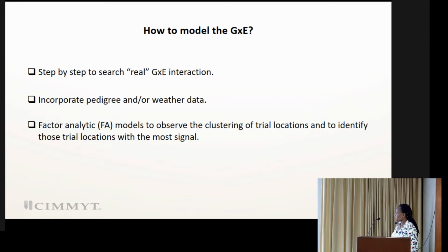So I will just briefly show you a step-by-step approach to understanding and to identifying the real G by E interaction. These are some of the models which we will use later on for this G by E analysis to observe the clustering of trial locations and to identify those trial locations where most of the signal is coming from.